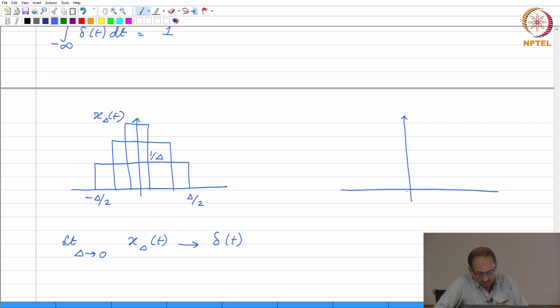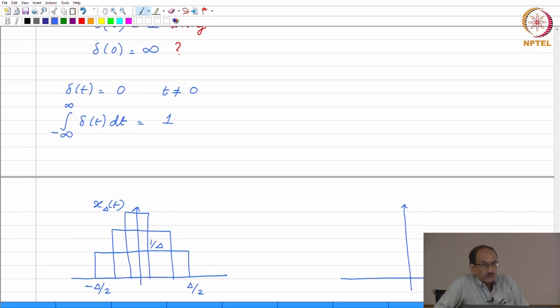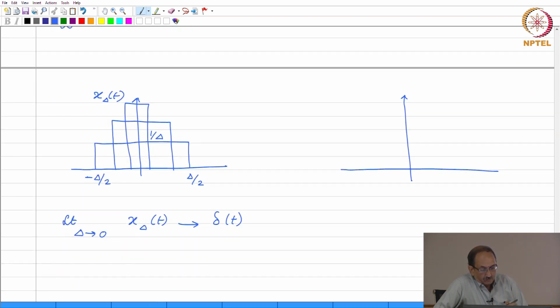Because delta of t is defined by these properties, here is another sequence. Let me call this y delta of t.